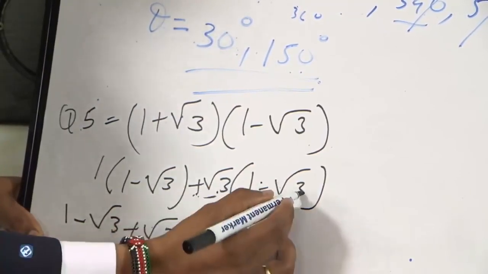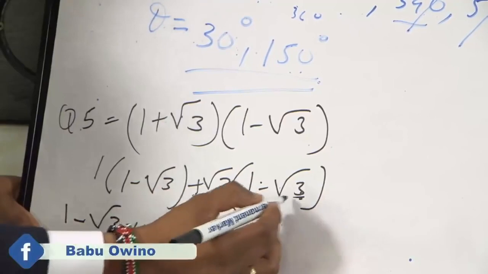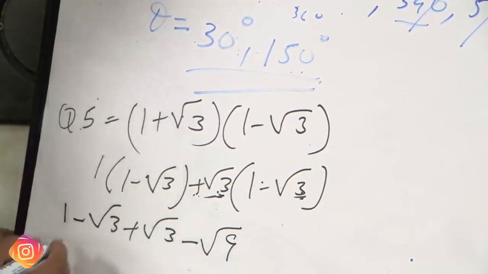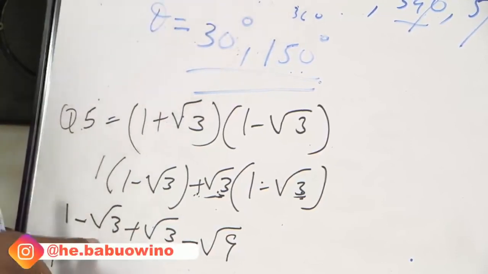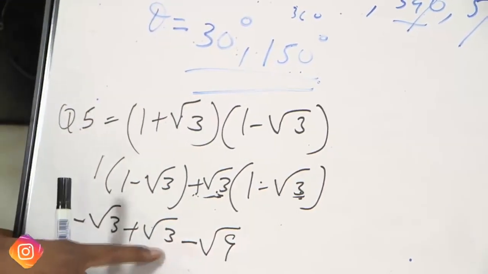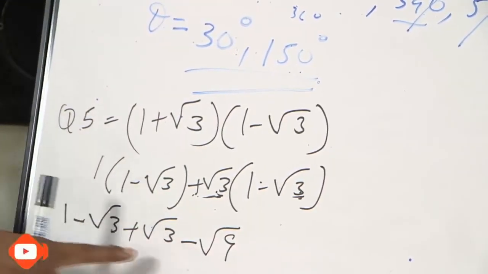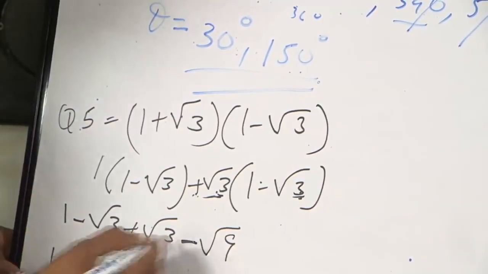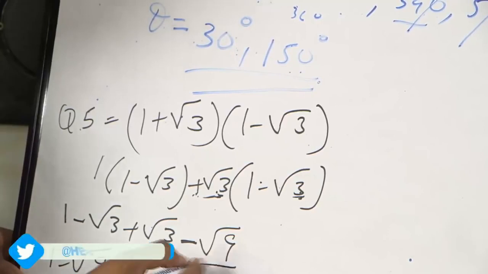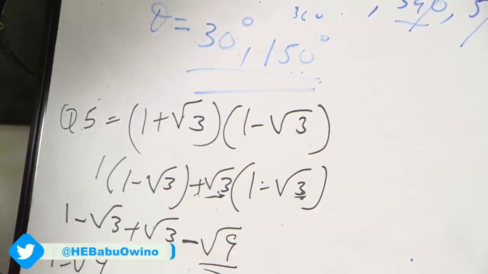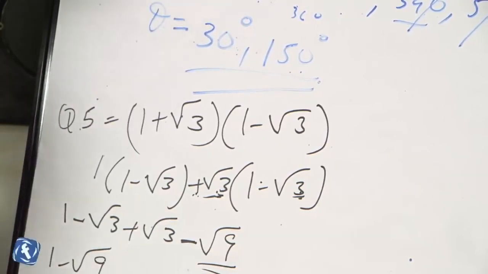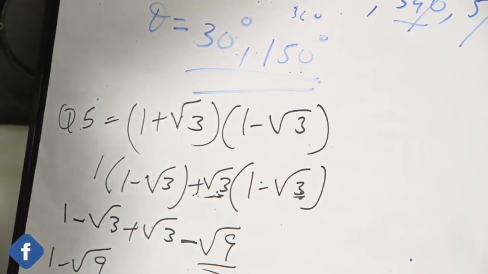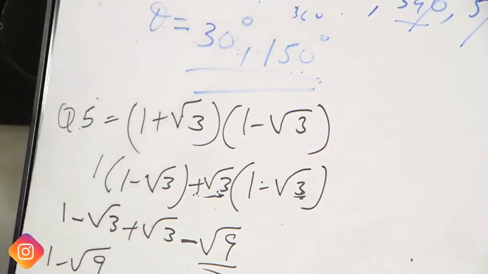Root 3 times root 3, just multiply what's inside the roots, that is root 9. Therefore, 1 minus root 3 plus root 3 is 1, and minus root 9 is minus 3. You get 1 minus 3, which is minus 2.